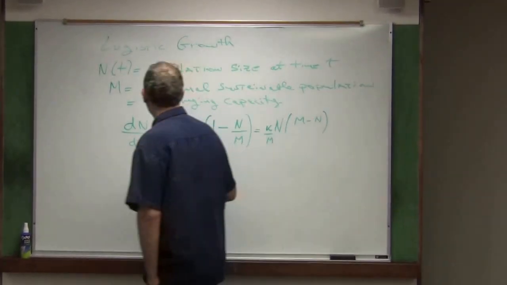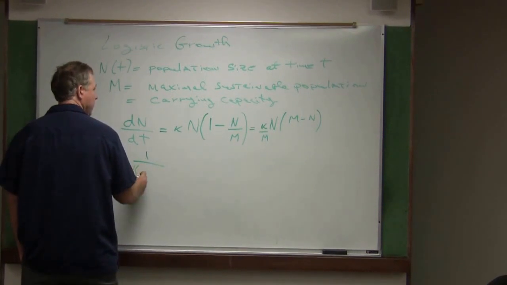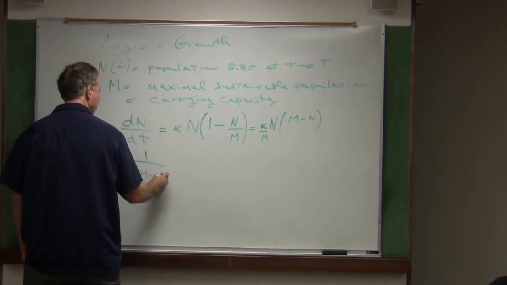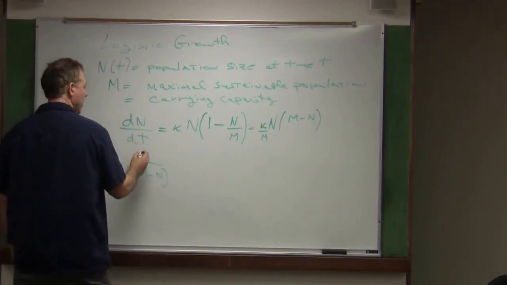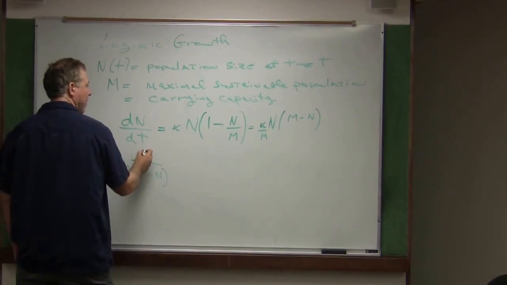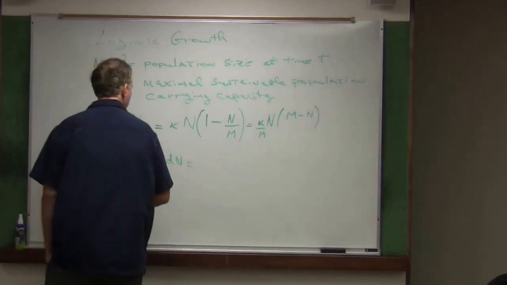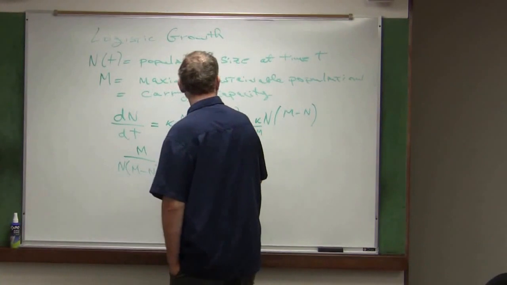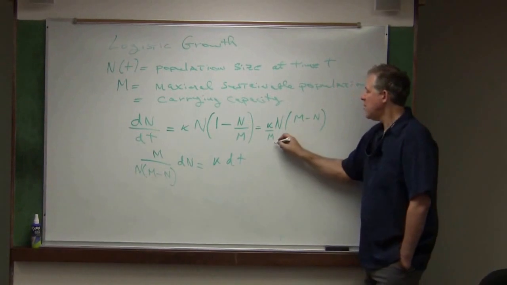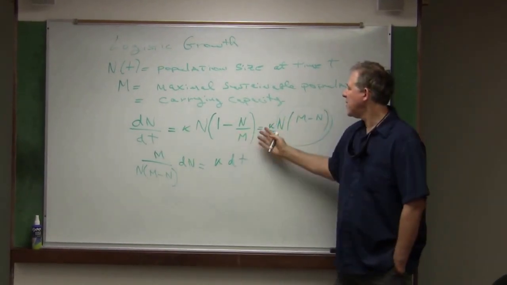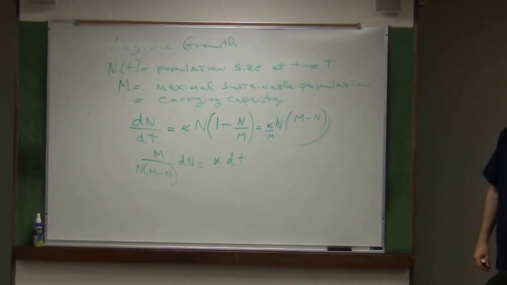We get 1 over N(M minus N), and I'll put the M over here, dN, and over here we'll just have k dt.